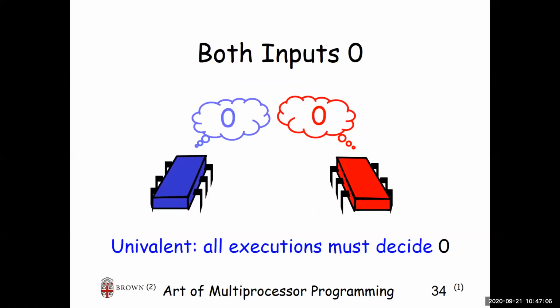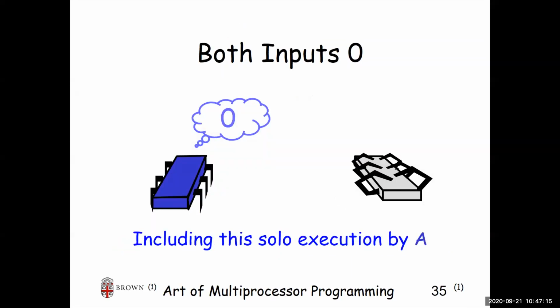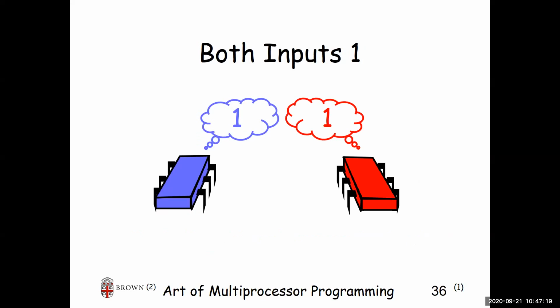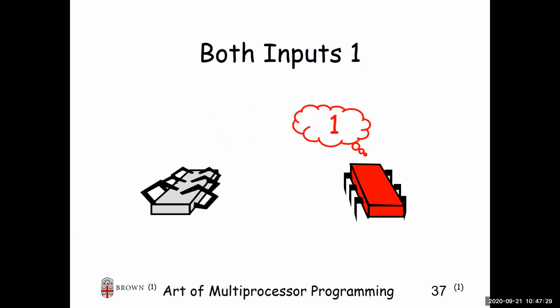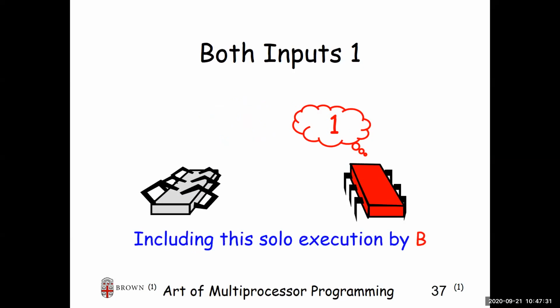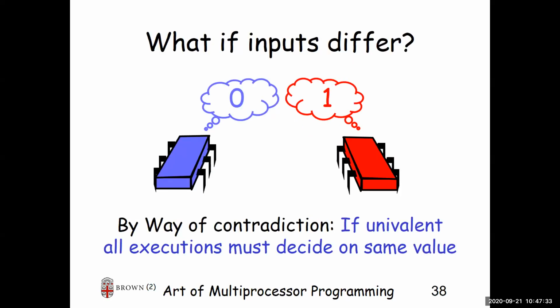So let's prove this. If 0-valent, all executions must decide 0, including the solo execution by A, and in a 1-valent execution, we must decide 1. With both inputs as 1, all executions must decide 1, and also the solo execution by B has to come up with 1. So what if the inputs differ?